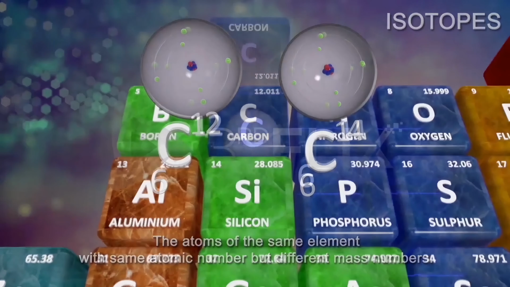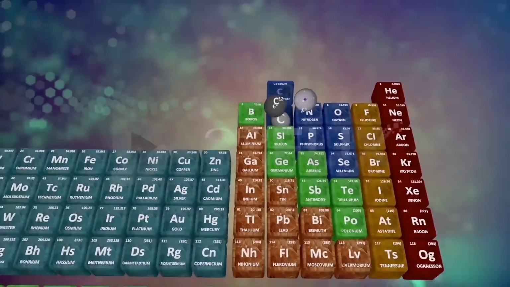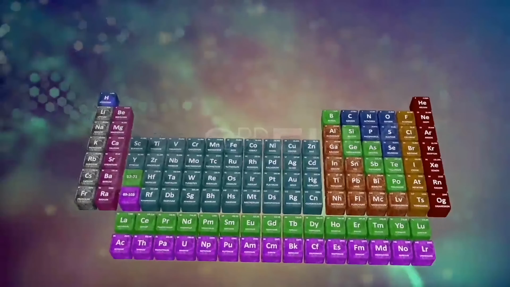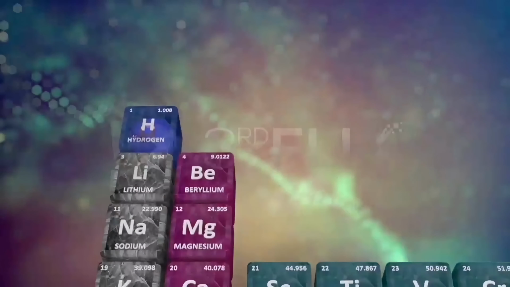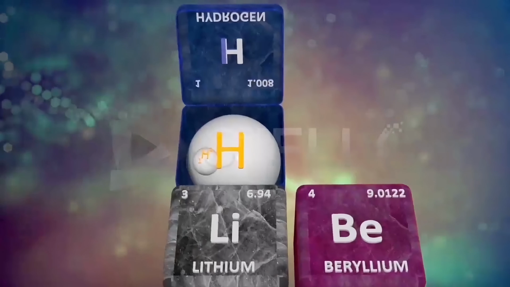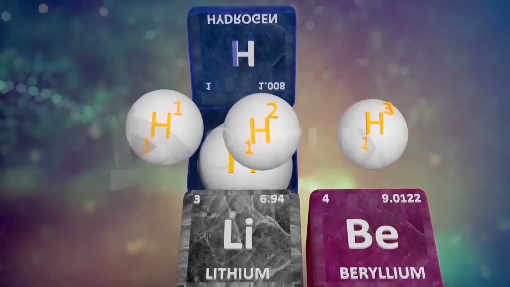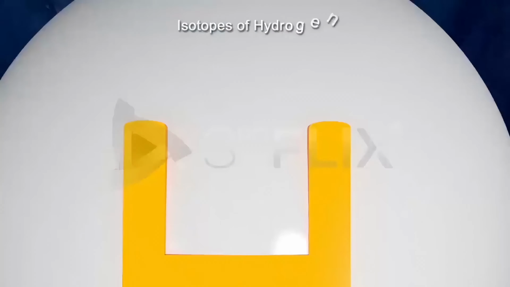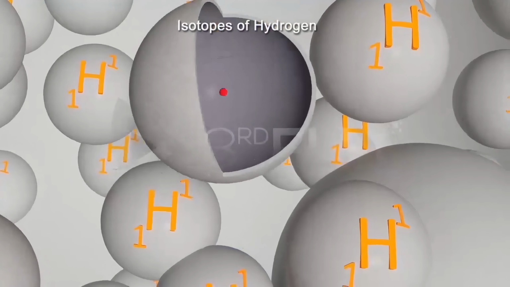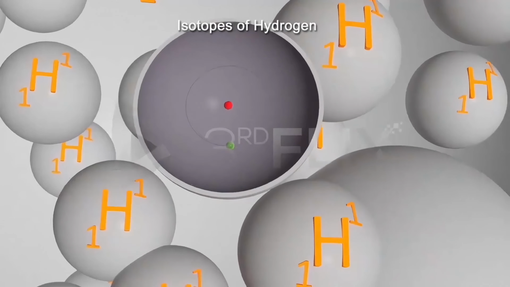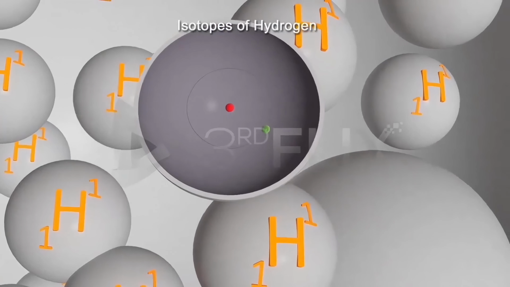Let's see a few examples of isotopes. Isotopes of hydrogen are protium, deuterium, and tritium. The most abundant isotope of hydrogen is protium, with an abundance of 99.98%.